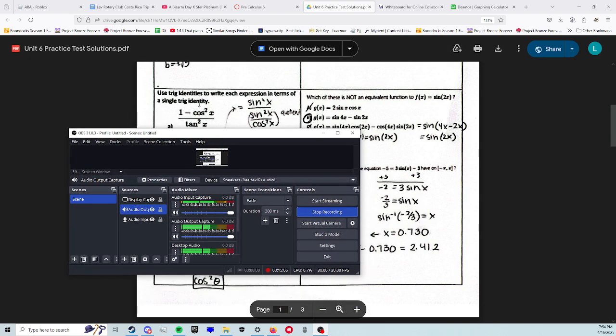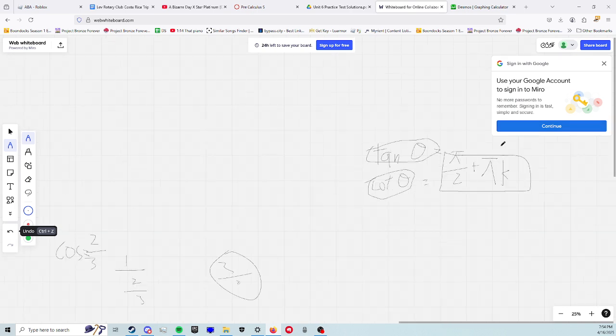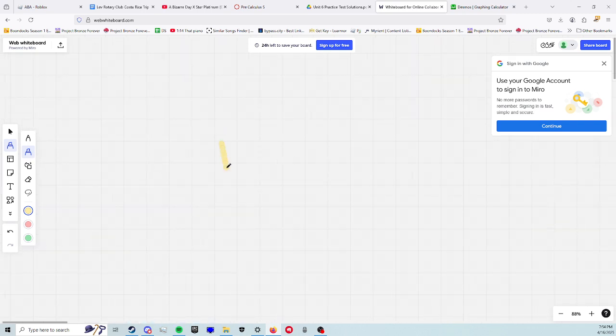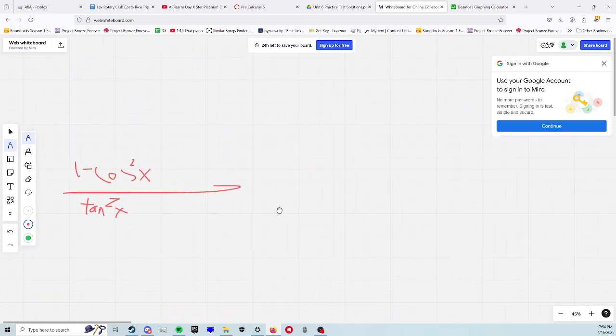Okay, for this next one, use trig identities to write each expression in terms of a single trig function. I'm going to practice this. The problem is one minus cosine squared x over tangent of x.